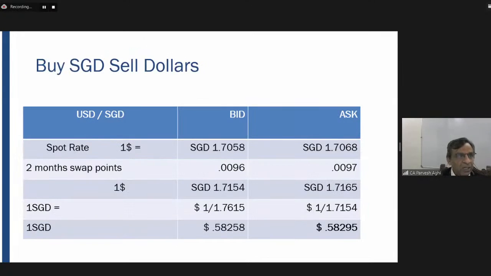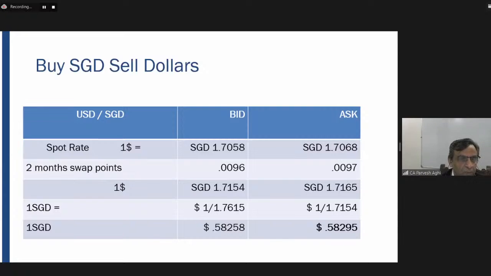Then let's go to Singapore now. We buy Singapore dollars and sell dollars there, because now you have dollars with you. The spot rate in terms of dollar is $1 equal to 1.7058 Singapore dollars. The bid and ask rates are given to you. The 2 month swap points are given, which are 96 and 97.